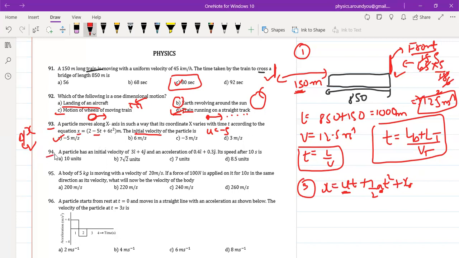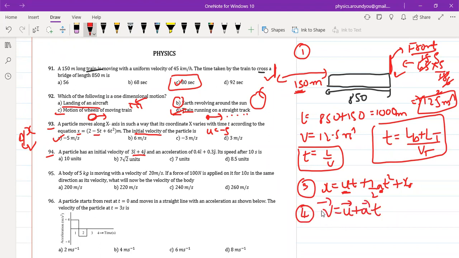Now, 94th one. A particle has an initial velocity of 3i plus 4j, acceleration of 0.4i plus 0.3j. Its speed after 10 seconds is interesting. They have not given the initial velocity magnitude. Instead, they have given it in vector form. So what we would do is we would say v equal to u plus at, but put arrows atop each of these.